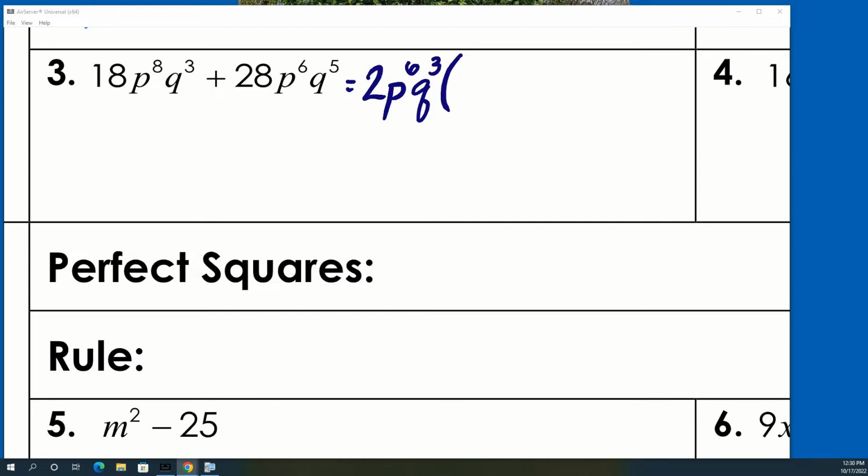But anyway, we're going to take 18 and divide it by 2, get 9. And then for the p's, I'll take 8 and subtract 6 from it, so that'd be p squared. And in this case, q to the third is going to cancel out q to the third completely.